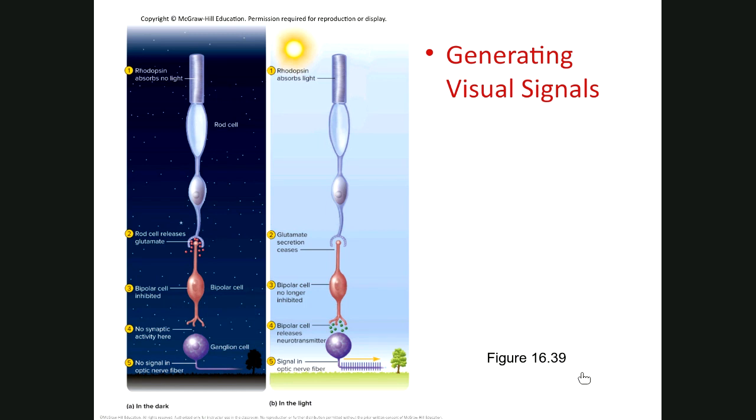If there's no light, the rod cell releases glutamate, which inhibits the bipolar cells, and therefore they do not stimulate the ganglion cells and do not result in an image. That's why there's no image. All right, this whole mechanism is the transduction of vision: how light as a physical entity becomes a nerve signal for the brain to understand.